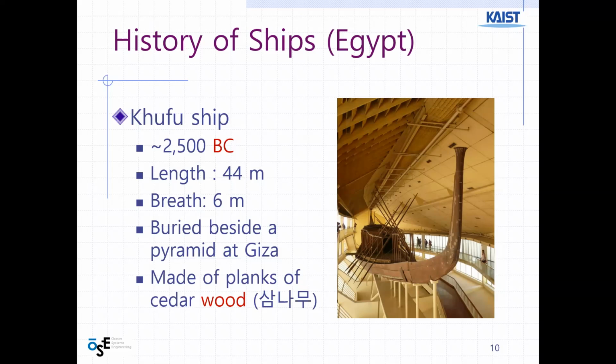So it is a ship for the river, for the Nile, and made of wood, cedar wood. So in the middle, there is a ship. The outside is just a coverage to display this ship, to protect the ship.